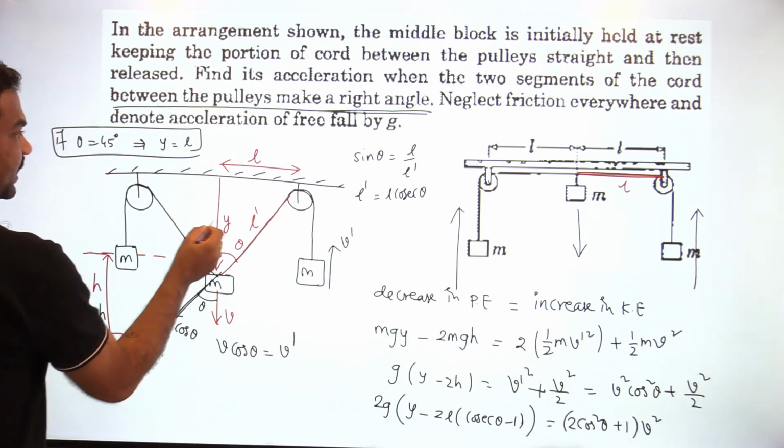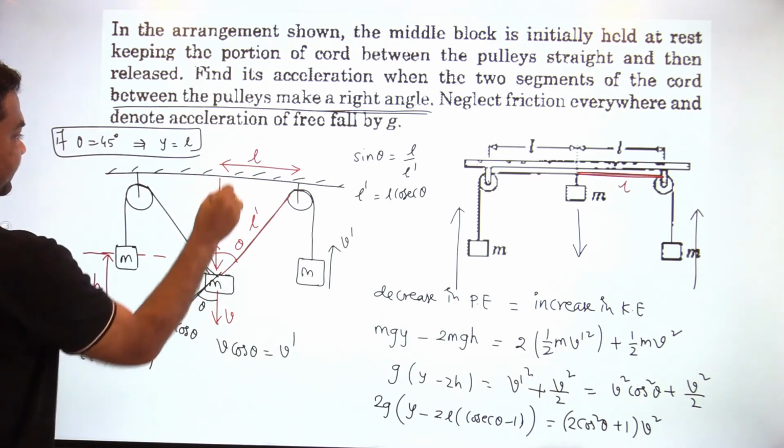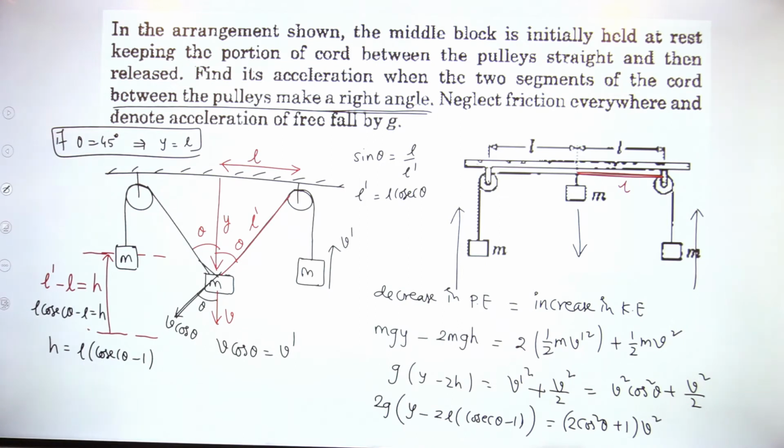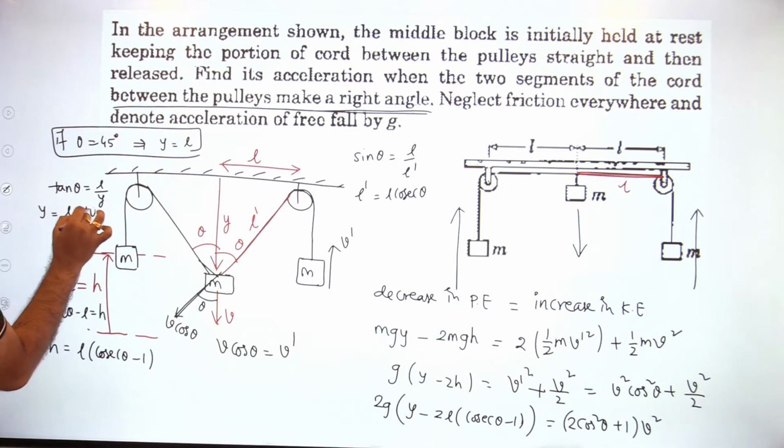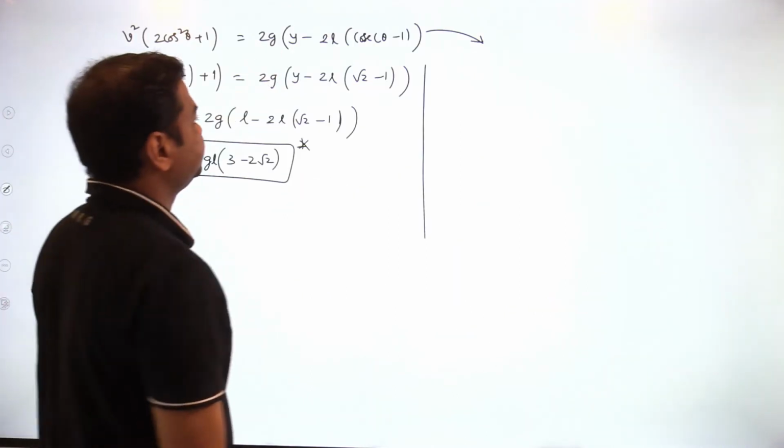You can write the y and theta relation. Tan theta is equal to L by y. Okay? Tan theta is equal to L by y. So y is equal to L cot theta. So the y value is equal to L cot theta, you can also write.